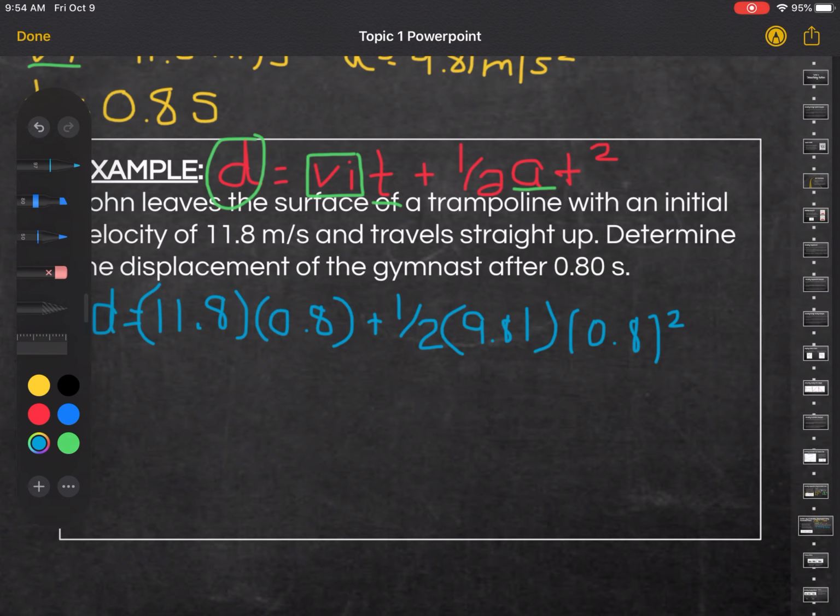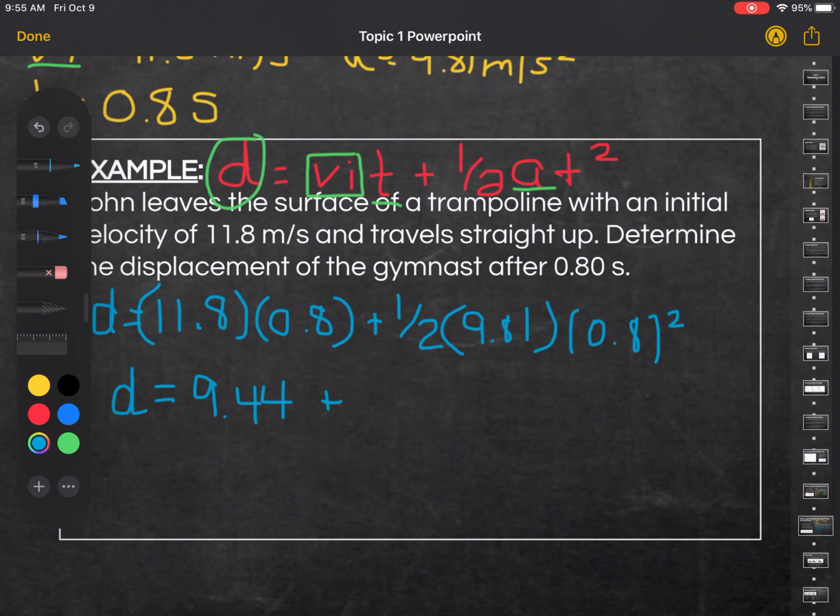Okay, perfect. So now if I have it sideways, I can do 11.8 multiplied by 0.8. I'm just going to do this in steps, just so that it goes okay, because I don't have a calculator that has brackets. Plus 1/2 times 9.81 times 0.8 squared.